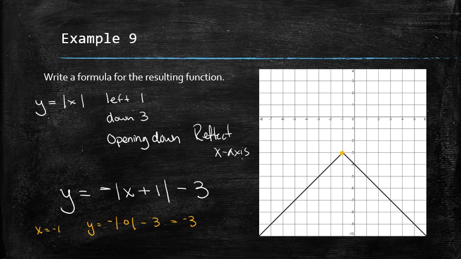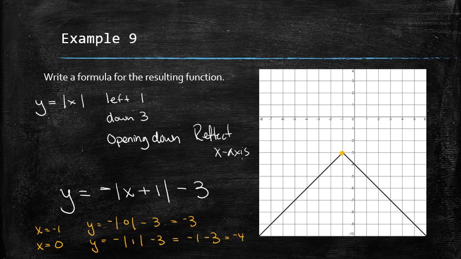So that point works. Let's also try when x is equal to 0. Make sure this guy works out. We have 0 plus 1 is 1. So I'm taking the absolute value of 1, but then I have the opposite of that. The absolute value of 1 is 1, but then I take its opposite, so I'm at negative 1 minus 3.